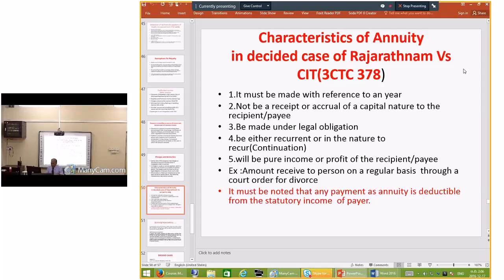Say, for the year of assessment 2015/16, he should furnish his return of income by 30th November 2016.